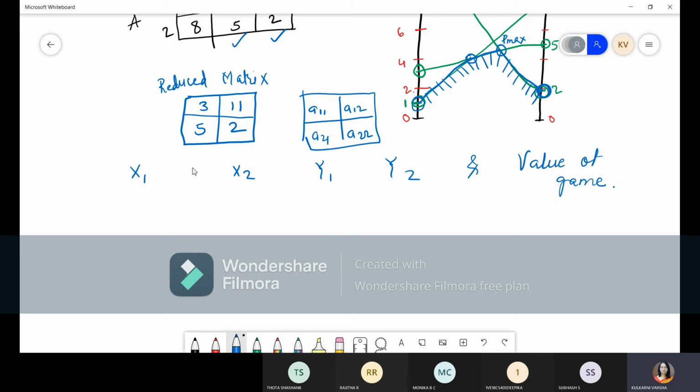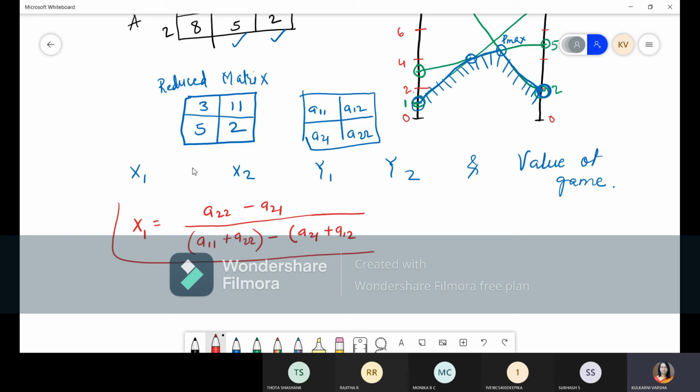So see, what is this for x1? x1 is equal to a22 minus a21, divided by a11 plus a22 minus, in bracket, a21 plus a12, right? This will be for x1. So what will be for x2?